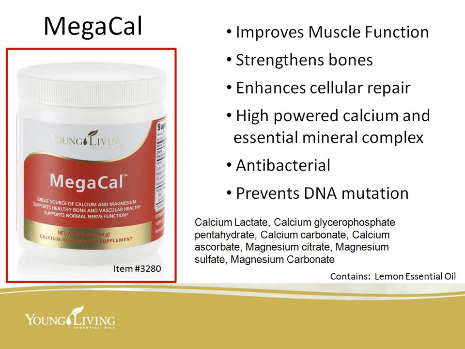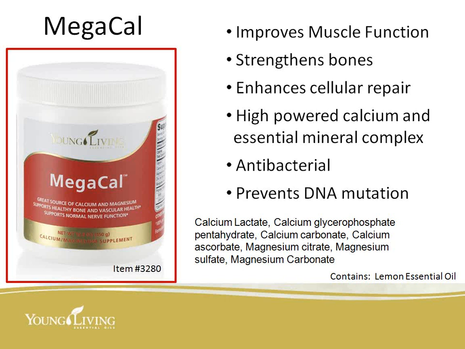The first product that we'd like to talk about this morning, a Young Living product, is MegaCal. MegaCal improves muscle function, it strengthens the bones, it enhances cellular repair. So if you have damaged cells, whether it be in cartilage or bone cells, you're going to want to think seriously about supplementing your diet with MegaCal.